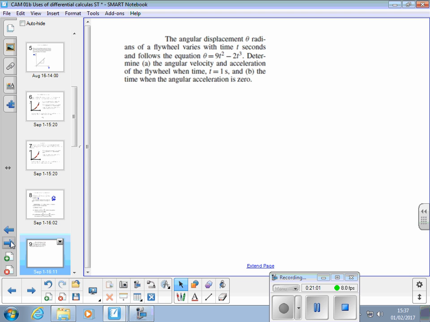So we'll have a look at one. The angular displacement, theta radians, of a flywheel varies with time t seconds, and theta is equal to 9t squared minus 2t cubed. Determine the angular velocity and the acceleration of the flywheel when t is equal to 1 second, and the time when the angular acceleration is equal to 0.